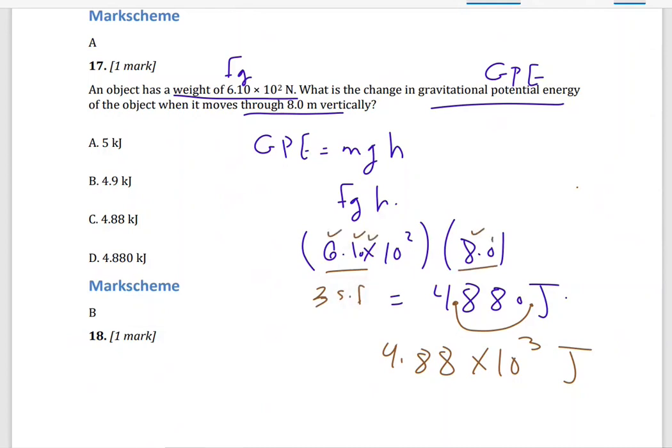And here I have 2 significant figures. So I should round it to 2 significant figures. So this will be 4.9, no 4.8. 10 to the power 3 means kilojoule. So the correct answer is 4.8 kilojoule.